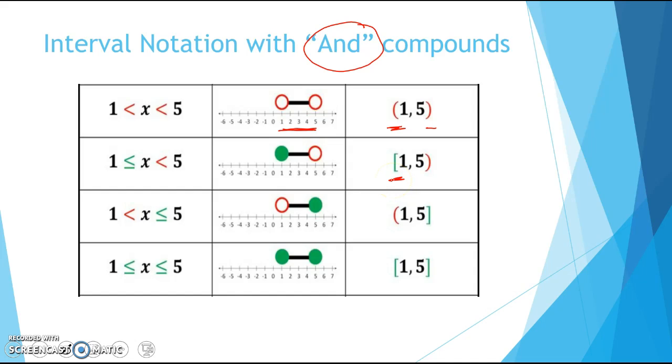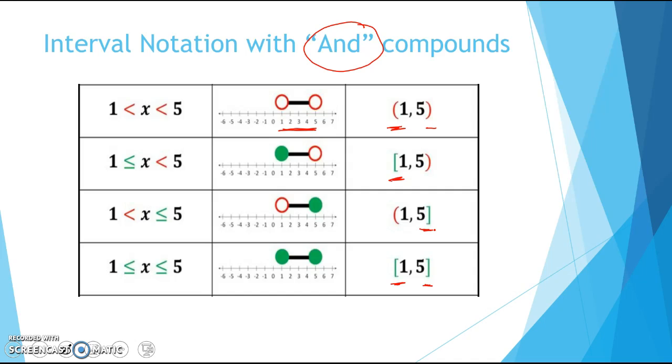If I skip down to the very bottom, if they're both included, 1 and 5, then they're both brackets. And obviously if I start at 1 and go to 5 and include 5, then that becomes a bracket instead of the parenthesis. So the bottom line here is if I have the parentheses, it doesn't include those numbers, but if I have the brackets, then it does include the number that it's next to. So those are all compound inequalities with the word and.